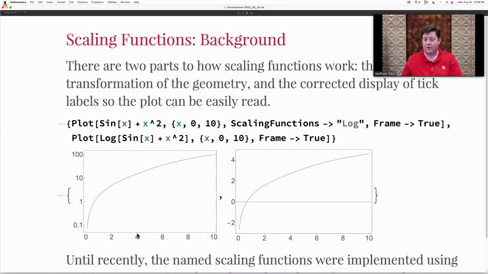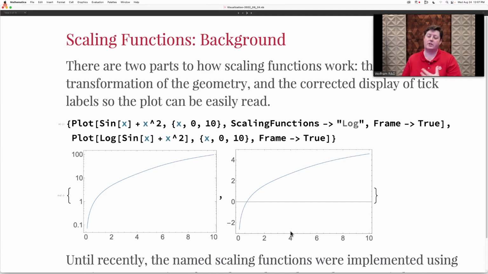So 4 squared is 16, and some minor term for sine of x. And so if we trace up from 4, we're up here at a little bit above 10, and so this is 10, this is 20, so it's quite reasonable that this is a value of 16.